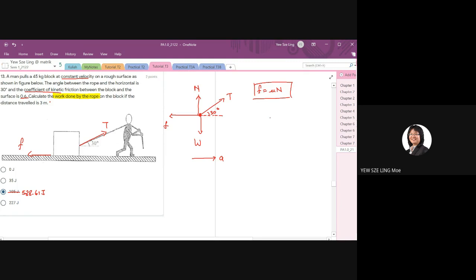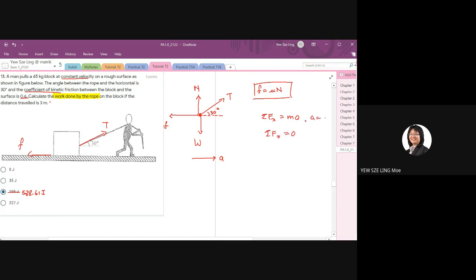Okay, let us begin. The summation of Fx is equal to ma. The x components have motion, so it's equal to ma. But because your object is moving with constant velocity, the summation of Fx is equal to 0. Why?